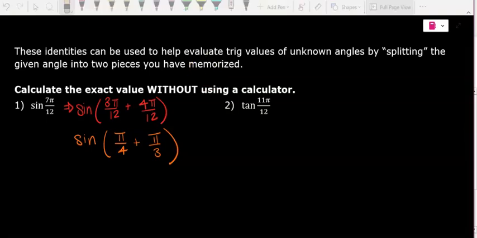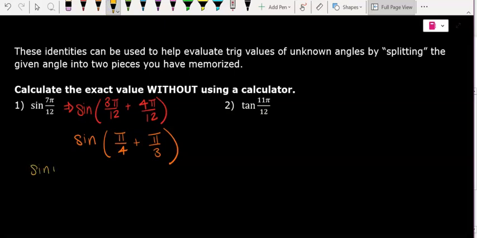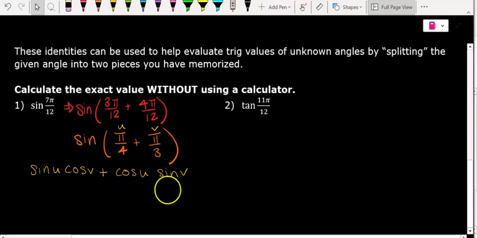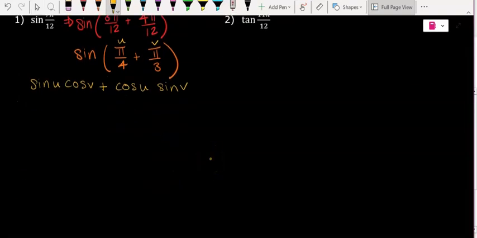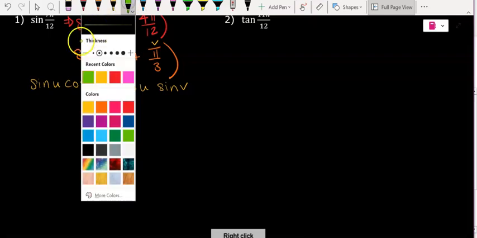So if I refer back to that, my sine equation goes sine u cosine v plus cosine u sine v. Okay, so this is my u, this is my v. So all I'm going to do is just drop that information into my equation as it's written here.